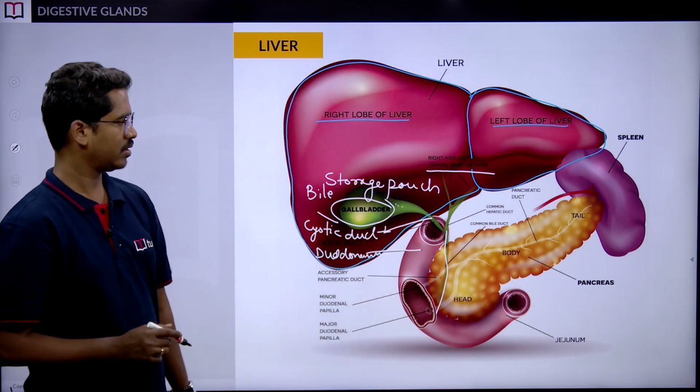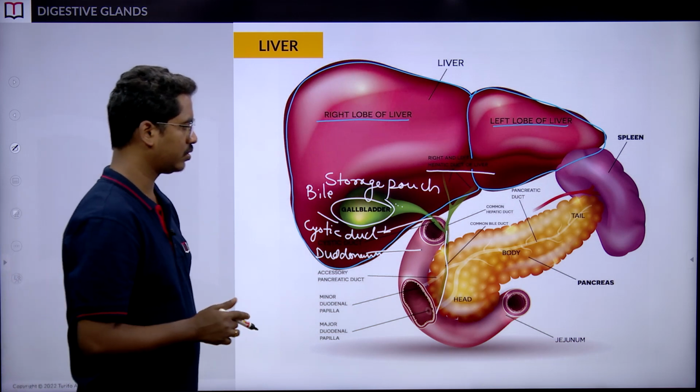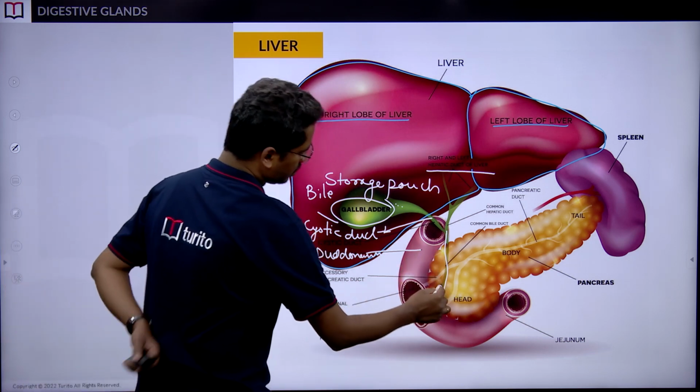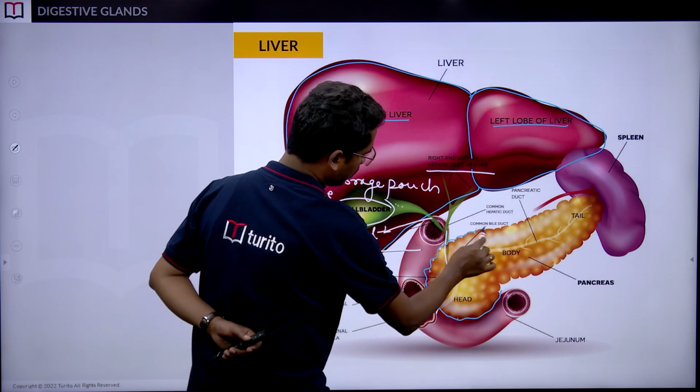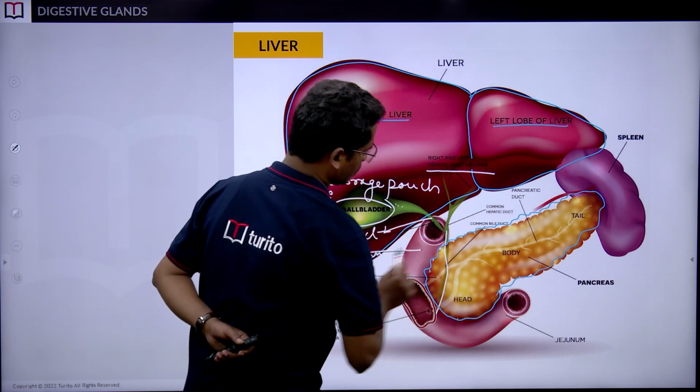So, this is what a liver would look like, okay. And you have other organs available here clearly, this particular leaf-like organ you are seeing here is the pancreas. Okay.